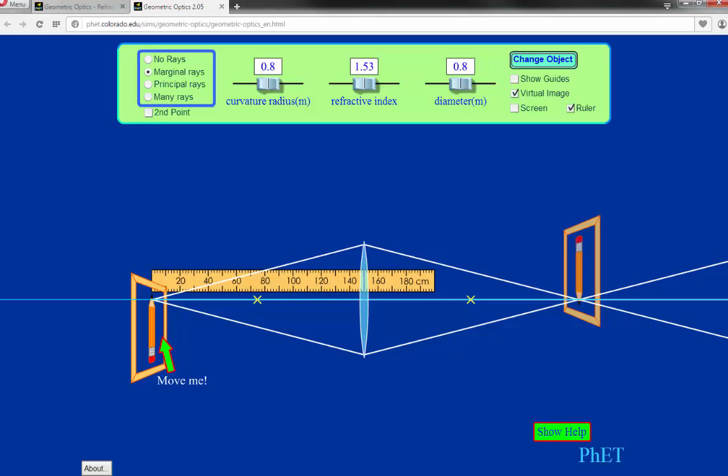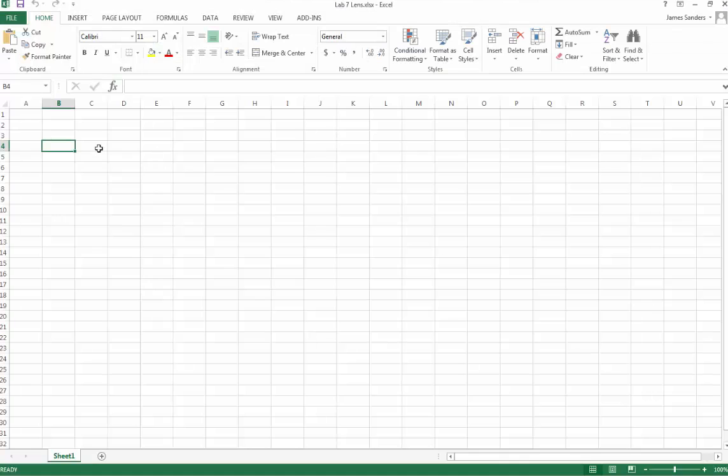To keep track of all this, I'm going to go ahead and actually enter this information into an Excel sheet. So let's say object distance, and I'll put in DO to represent that, and note that it's in centimeters. And then I'm going to find the image distance, and that is DI, also in centimeters.